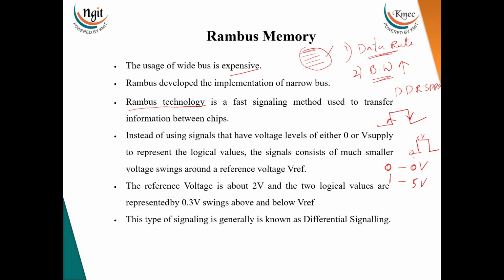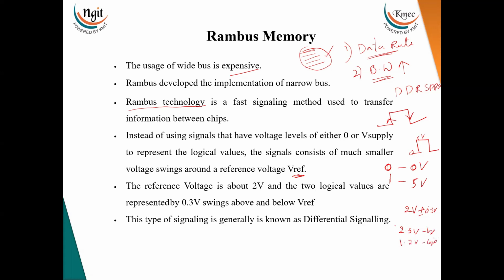Changing from 0 to 5 volts, the transition time will be more. So instead of that, a reference voltage is taken, and the voltages for logical values are represented by swing values. A reference voltage of 2 volts is taken, and for the swing above and below this reference, plus or minus 0.3 volts is considered. That means 2.3 volts is for logic 1 and 1.7 volts is for logic 0.